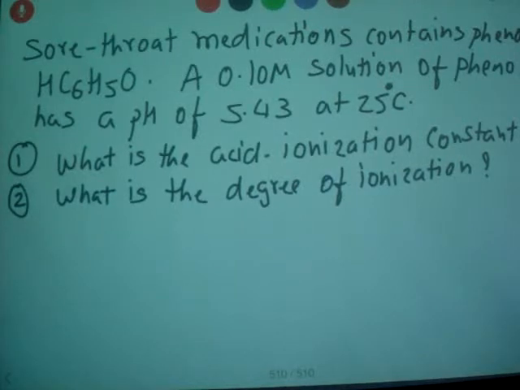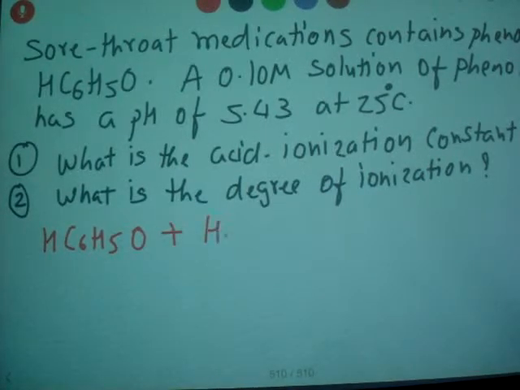Now, first we need to make an ICE chart. So let me write HC6H5O plus H2O, which is in equilibrium with H3O plus and C6H5O minus.